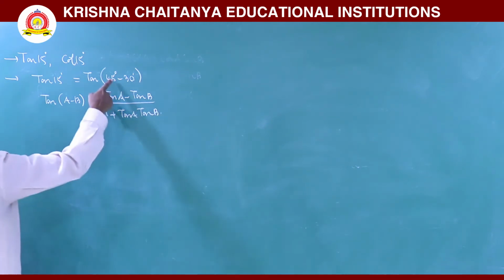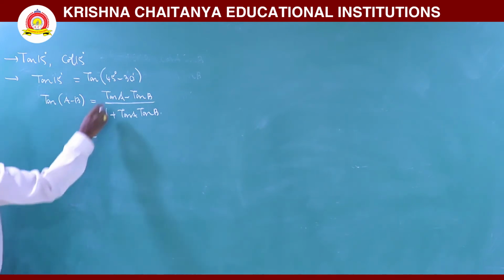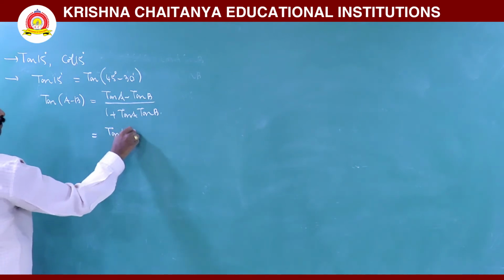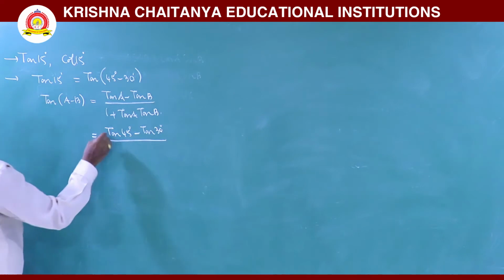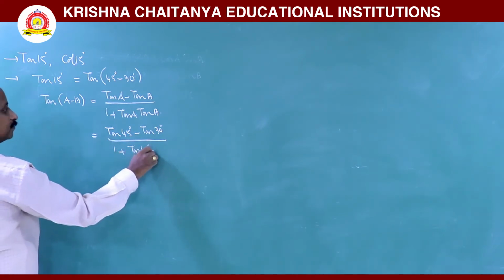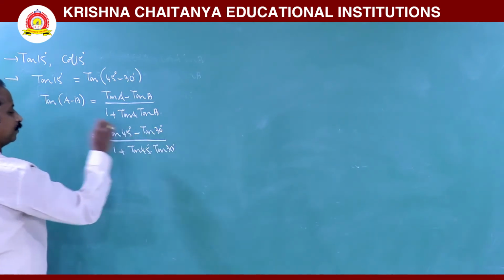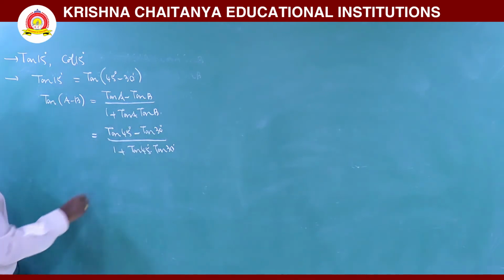So here A is 45, B is 30. Replace A by 45, B by 30, we get tan 45 minus tan 30 degrees divided by 1 plus tan 45 into tan 30 degrees. We know that tan 45 is 1, tan 30 value is 1 by root 3.